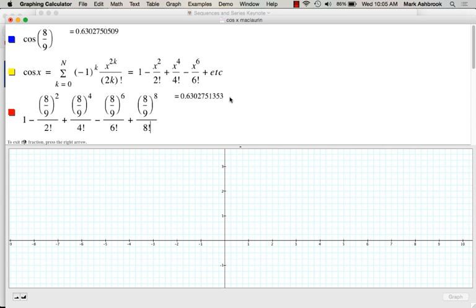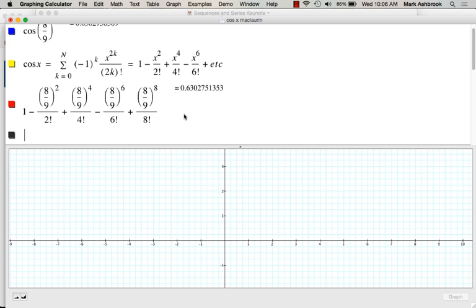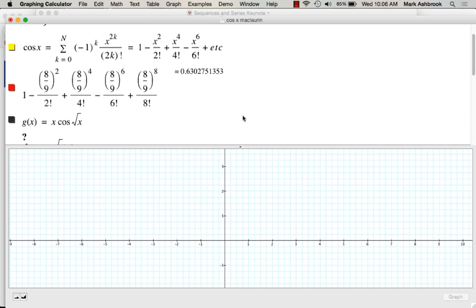Another thing about these is that polynomials are the friendliest kinds of functions we have. They're really easy to differentiate and really easy to integrate. Say we want to know about the function g of x equals x cosine radical x.